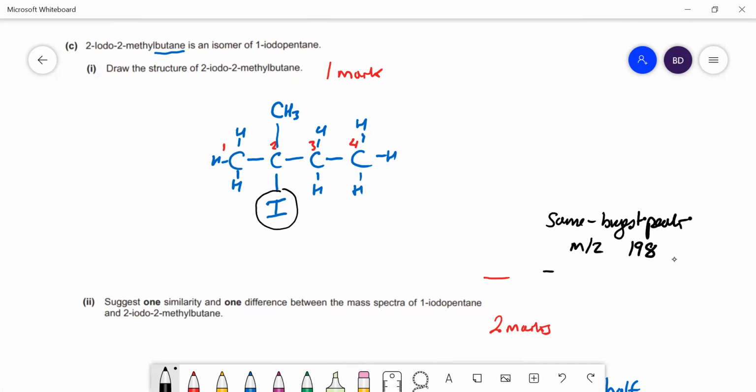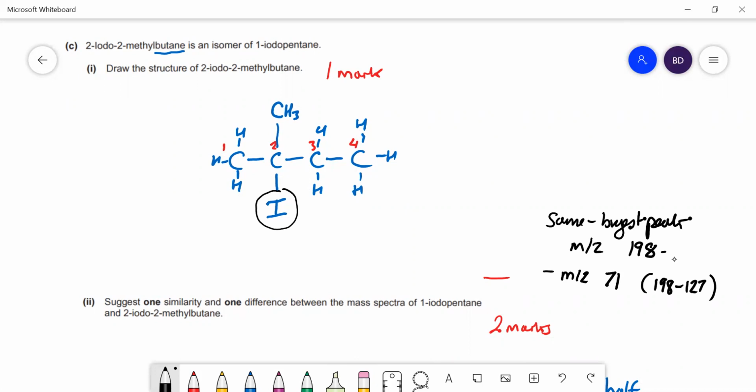If the iodine just drops off, you will get a peak with 198 minus 127 for the iodine. You are going to get one of 71 again. 198 minus 127, that's the mass of iodine. So if the iodine breaks off, you'll get that peak. That's another similarity.